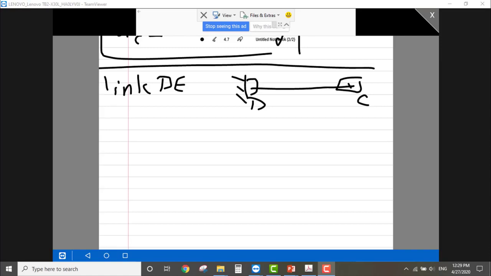Now we need to write the equation. So VC is equal to VD plus, instead of writing a new symbol, I will write omega cross product RC with respect to D, and here's the new component, which is VC with respect to D.